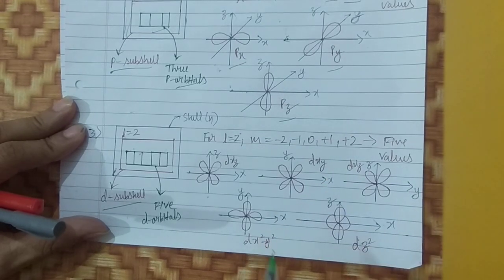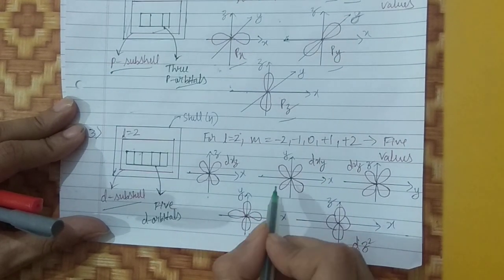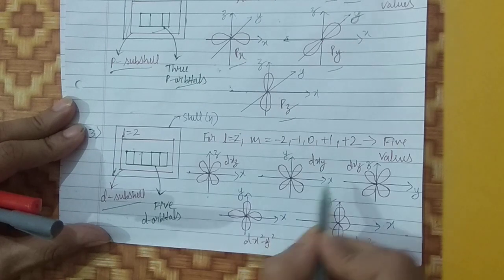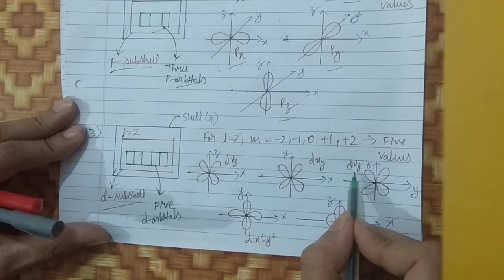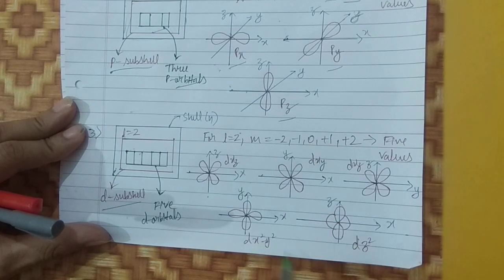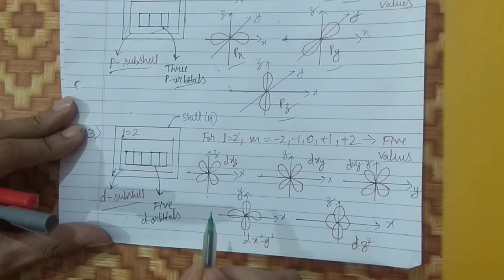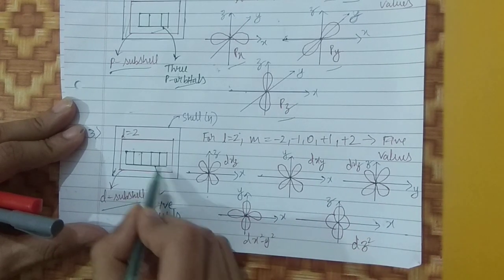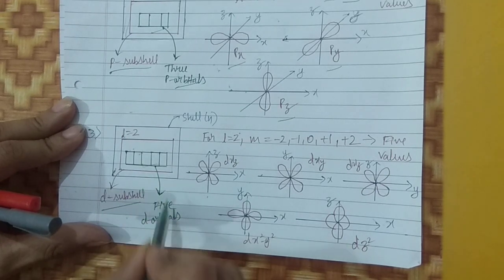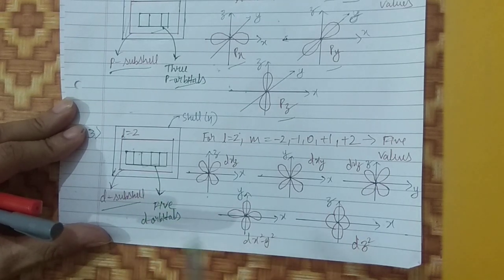That's why there are 5 possible orientations of d orbital in space: dxz, dxy, dyz, dx² - y² and dz². As you can see from the diagram, there are 5 d orbitals existing in the d subshell. Similarly, you can calculate for the f subshell and the g subshell.